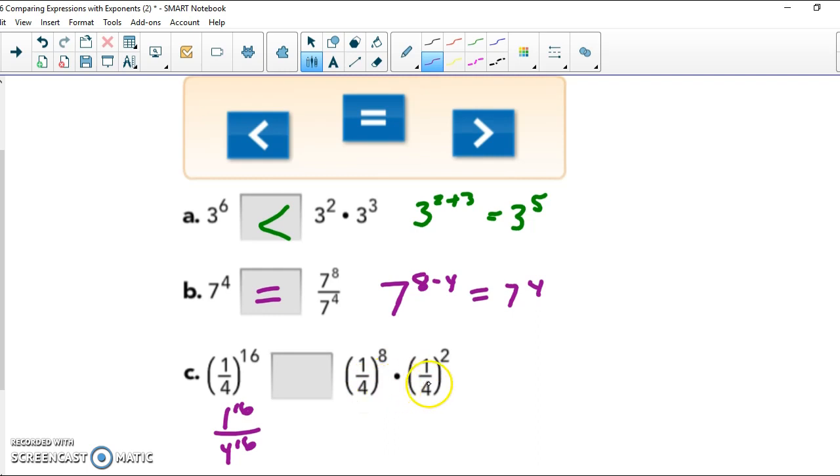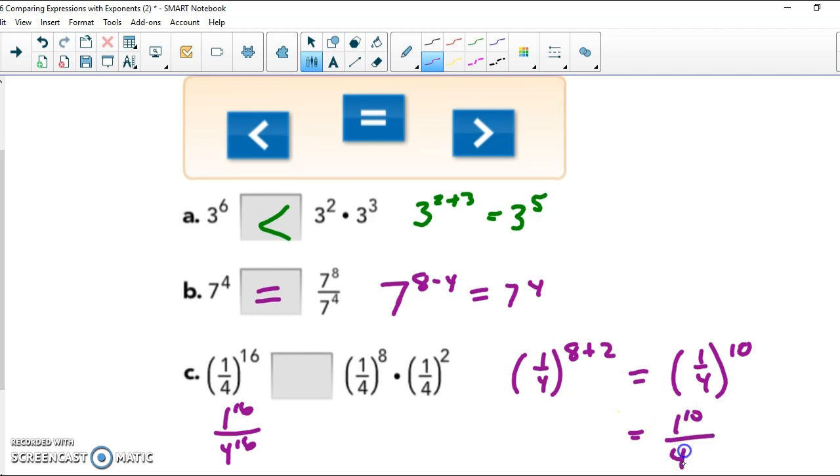So I see that I have the same base, which is 1/4, and I'm going to add my powers. So 1/4 to the 8 plus 2 power is really 1/4 to the 10th power. So this means that I'm really doing 1 to the 10th power over 4 to the 10th power.